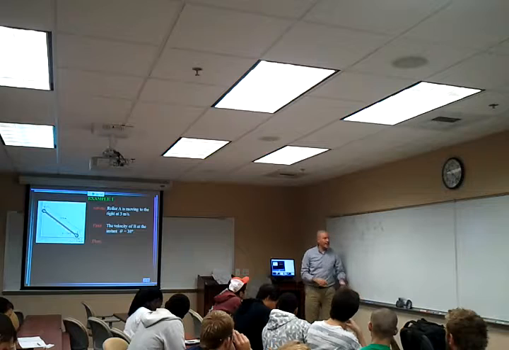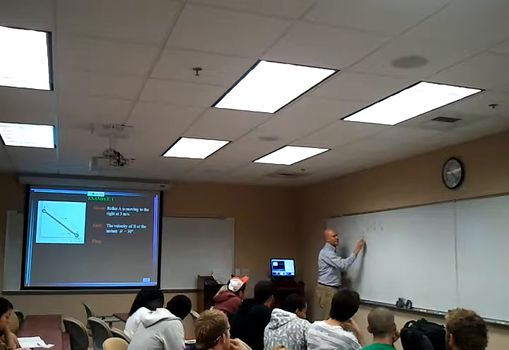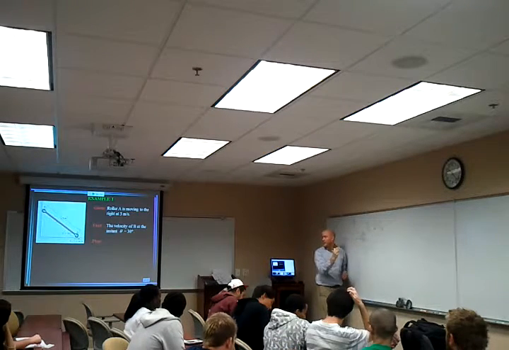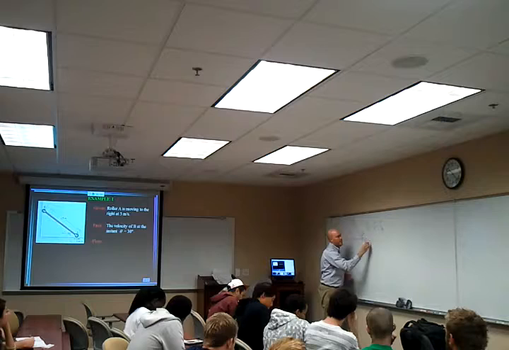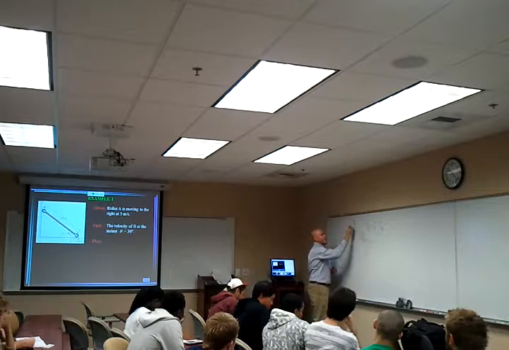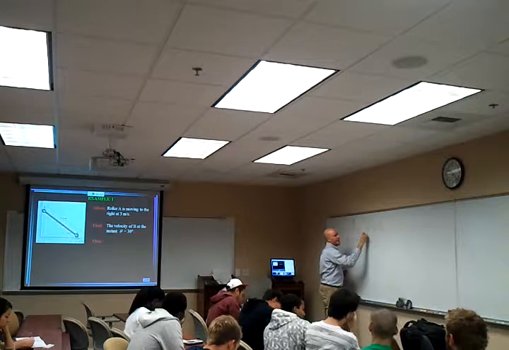Okay, what direction is VA? Well, that's known. It's to the right. This is VA, and that's given to be 3 meters per second. What direction is VB? VB we know is going to be going down.